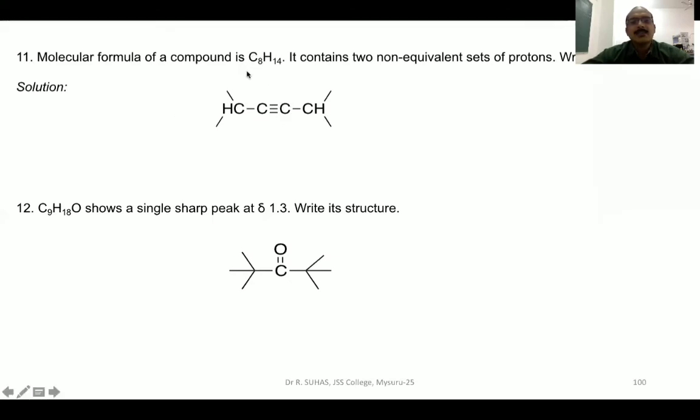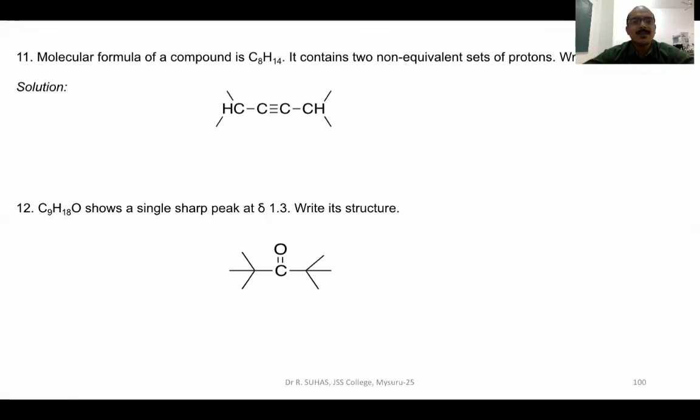And for this, if you calculate the double bond equivalence, it comes out to be 2. So on one side, we have to write that there should be an isopropyl group CH, CH3, CH3, and it should be definitely a symmetrical molecule because he's telling that it contains only two non-equivalent sets of protons.